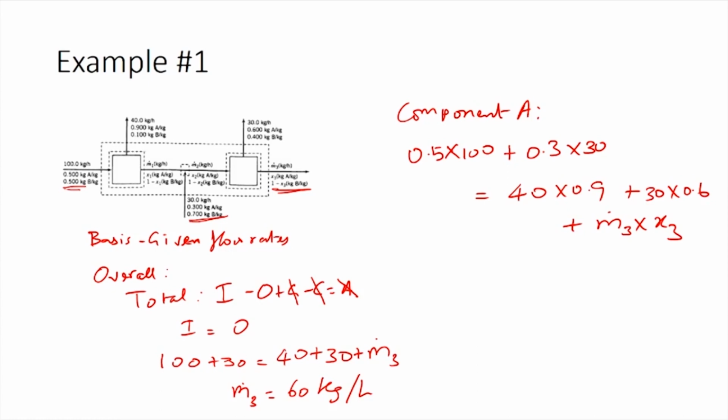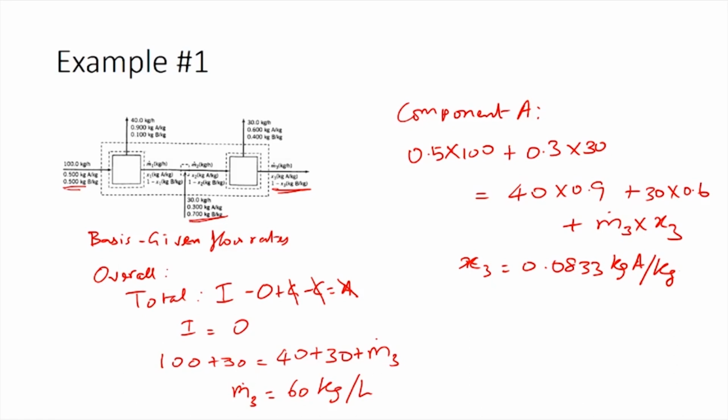So, from this we can calculate X3 as 0.0833 kilograms of A per kilogram. So, from this we have the information about the product stream 3.